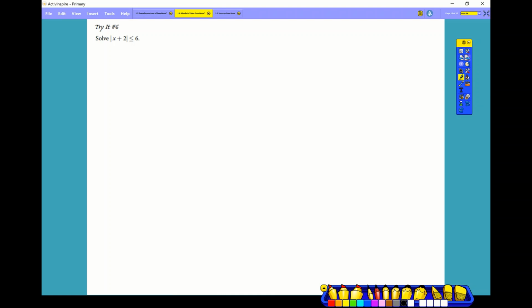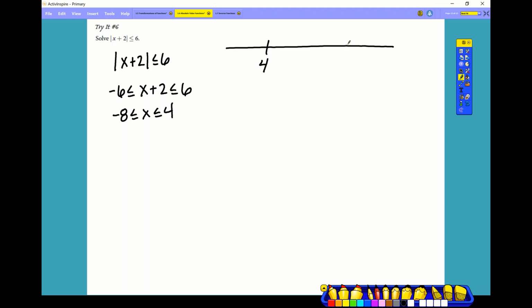All right. We're going to go with this one. X plus 2 less than or equal to 6. So we're going to go this route, subtracting 2 from both sides. Oh, switch those up, huh?